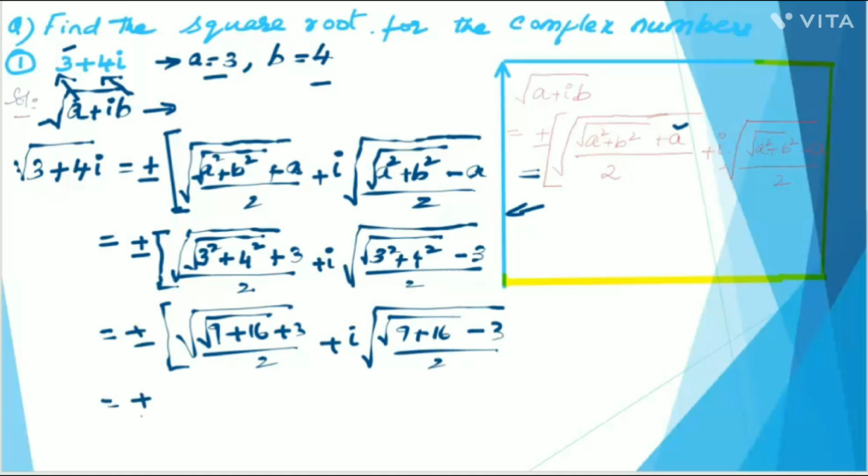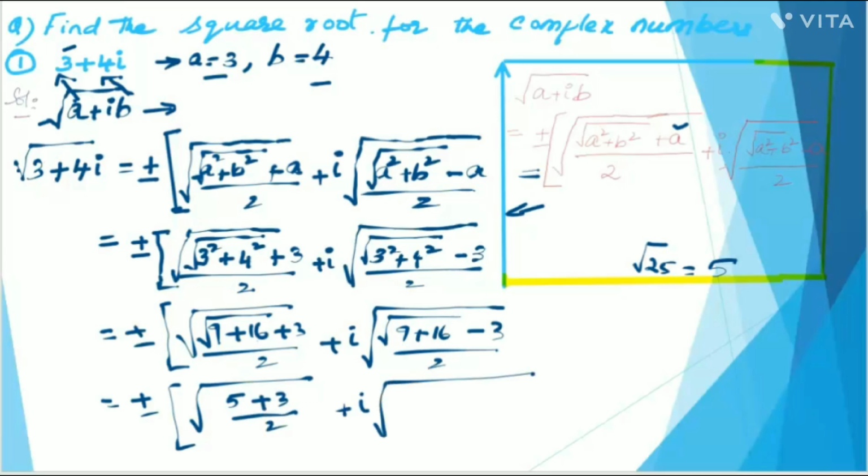This is equal to plus or minus whole square root 9 plus 16 is 25. Under root 25 is equal to 5. So I am writing here 5 plus 3 divided by 2 plus i whole square root 5 minus 3 divided by 2.